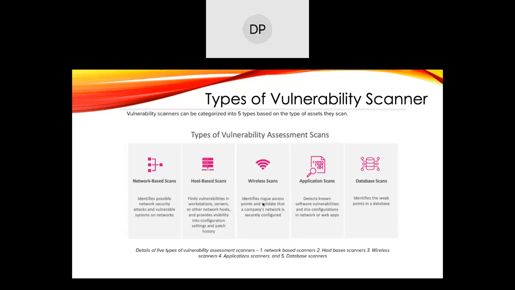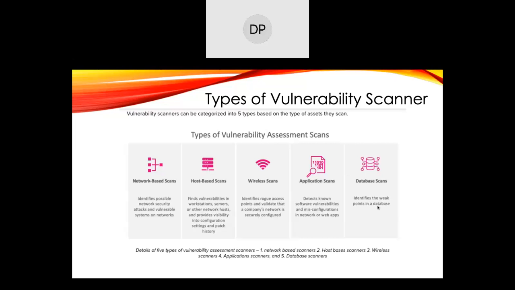Wireless scanners identify rogue access points and validate that a company's network is securely configured. Application scanners detect non-software vulnerabilities and misconfiguration in network or web apps. Database scanners identify the weak points in a database.